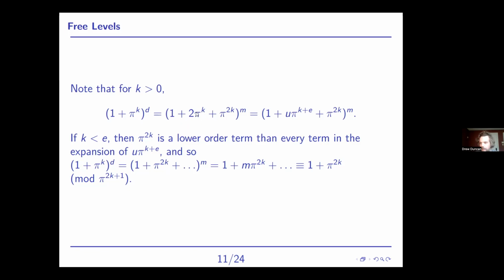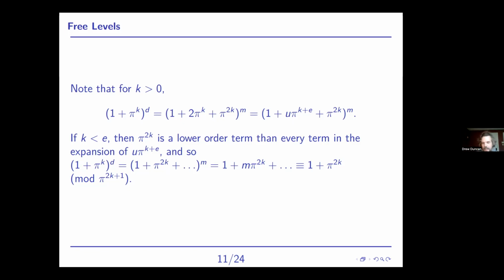And we, of course, get this term that's divisible by 2. And this is divisible by a higher power of π. So this is exactly divisible by π to the power of k + e, and then it's multiplied by some unit that's established by our choice of uniformizer.